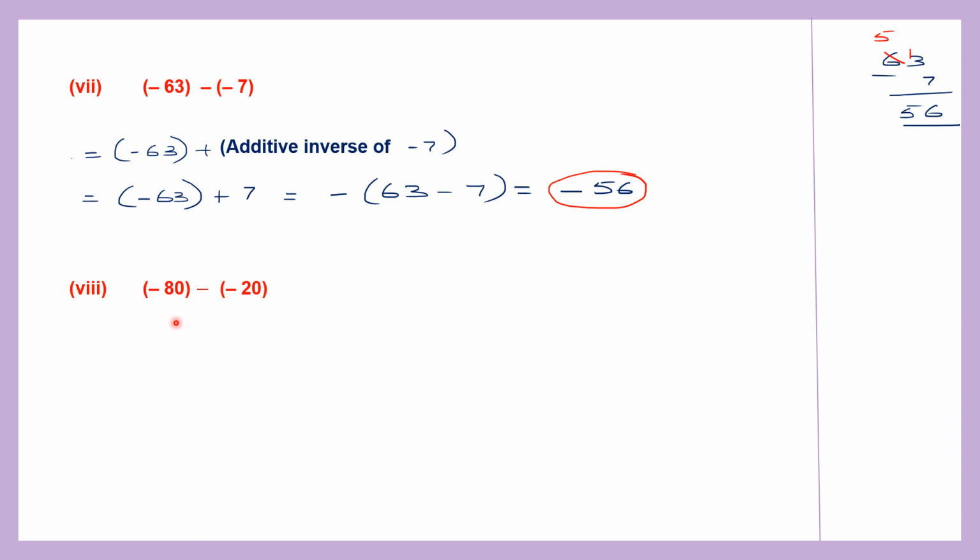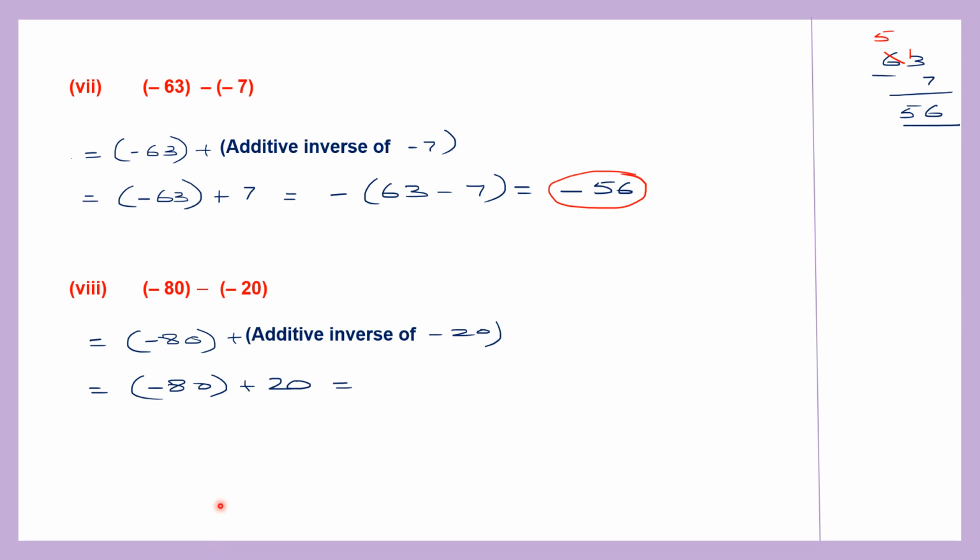Next one we have negative 80 minus negative 20. So negative 80 remains as it is. Subtraction changes to addition. Now we have to write the additive inverse of negative 20. So this is negative 80 plus the additive inverse of negative 20, which is simply 20.